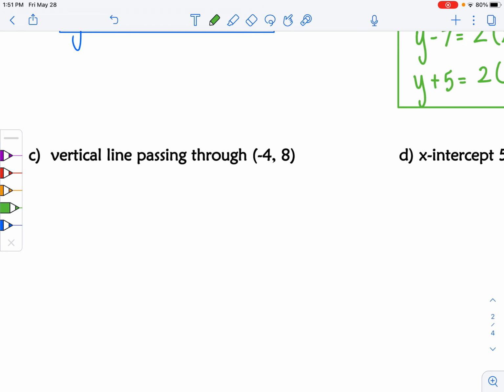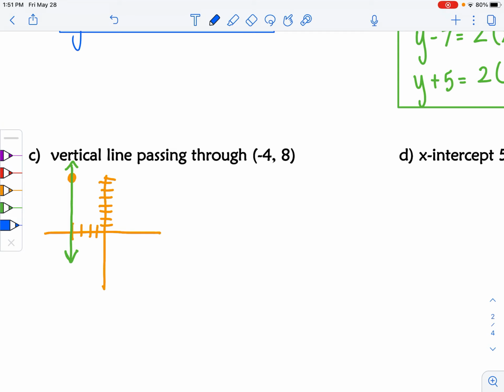Moving on to C. This is now a vertical line. I'm a very visual person. So here we go. I'm going to draw an XY axis. And it has to be through this point. So that means -4, 1, 2, 3, 4, 5, 6, 7, 8. Well, the only vertical line through that point is right here, that green line.